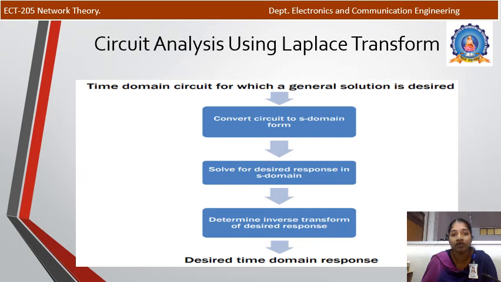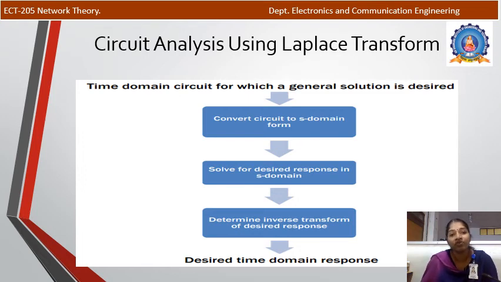So next, why are we going for all these Laplace transforms? Because we need to analyze circuits. So for that analysis purpose we are using the Laplace transform. This is one of the applications of mathematics in engineering, right?